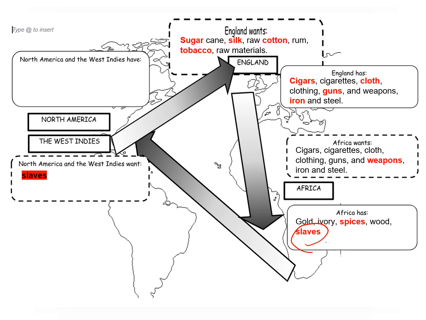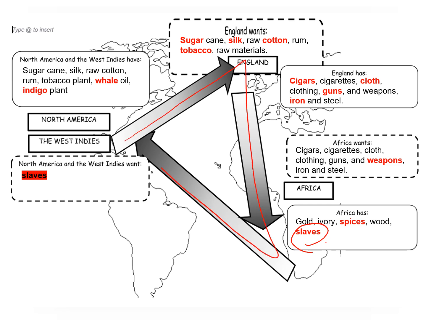Because they have all those slaves, what are the things that North America and the West Indies have? Well, they've got the sugarcane, silk, raw cotton, rum, tobacco plant, whale oil, indigo plant, raw materials like iron, metal, things like that. And so this is a cycle that just continues. It goes over and over.